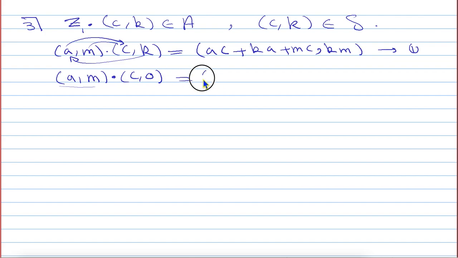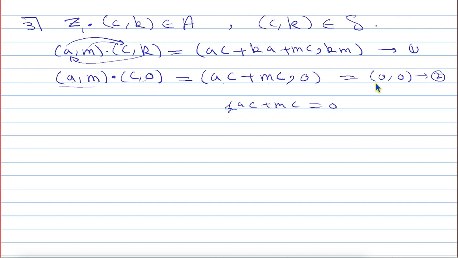But this in itself equals (AC plus 0A, so it's just 0 so we can skip it, plus MC), and then here, of course, we have 0. This equals (0, 0). This is 2. Now, by just comparing 1 and 2, we have AC plus MC equal 0 from here.